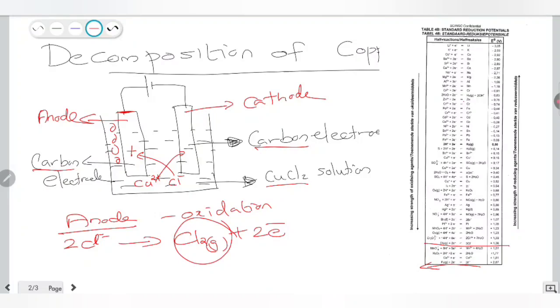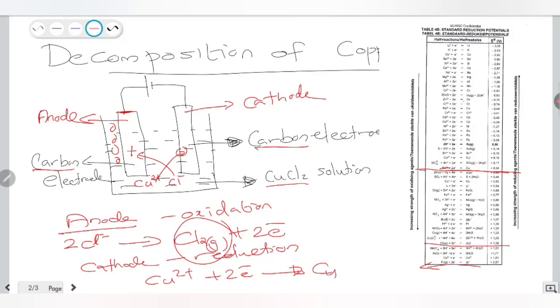Now at the cathode, what will happen? At the cathode, Cu2+ is the one that undergoes reduction. I told you which copper to take: it's the one with 0.34 always. You write from left to right. So at the cathode, the reduction of copper is Cu2+ plus 2 electrons gives Cu.